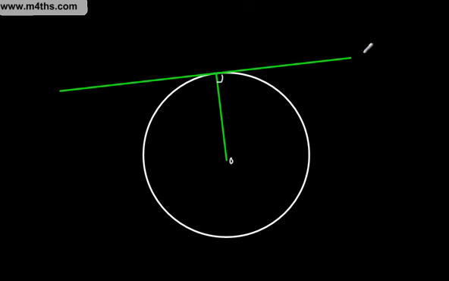We would call this the tangent to the circle, and the radius is therefore the normal. The normal runs perpendicular to the tangent, so m1 multiplied by m2 is going to equal -1 in terms of their gradients.